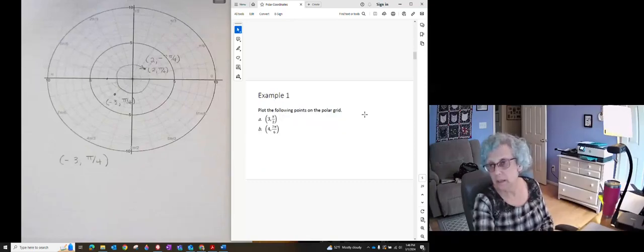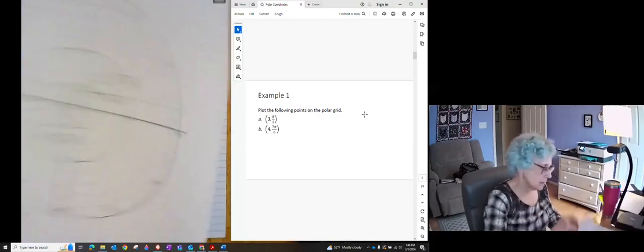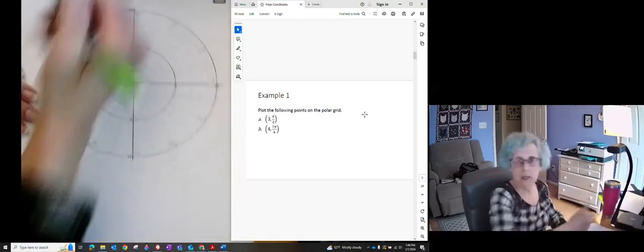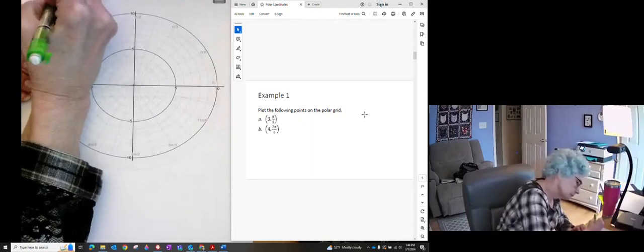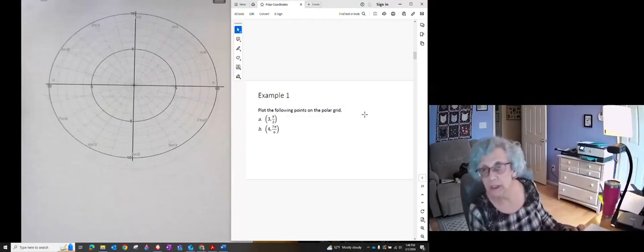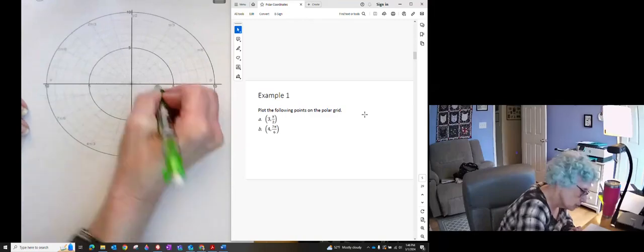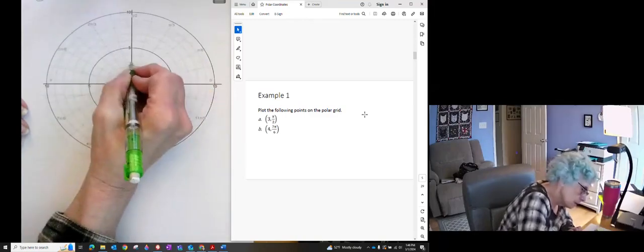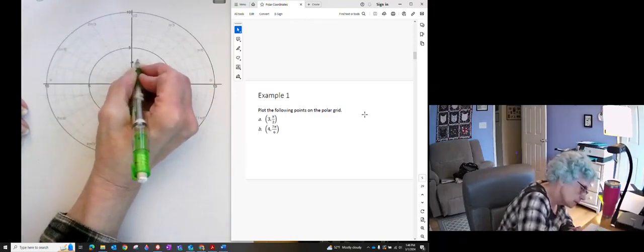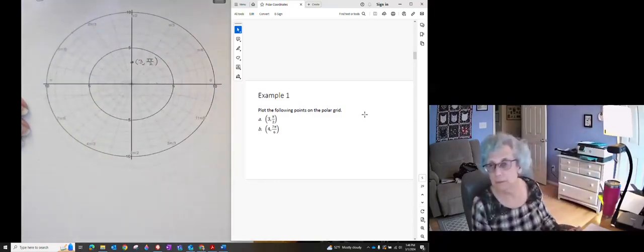Let's just practice some points on a polar grid. So this will be example 1. We want the point (3, pi over 2). So I move over 1, 2, 3, and then I move up to pi over 2. (3, pi over 2).